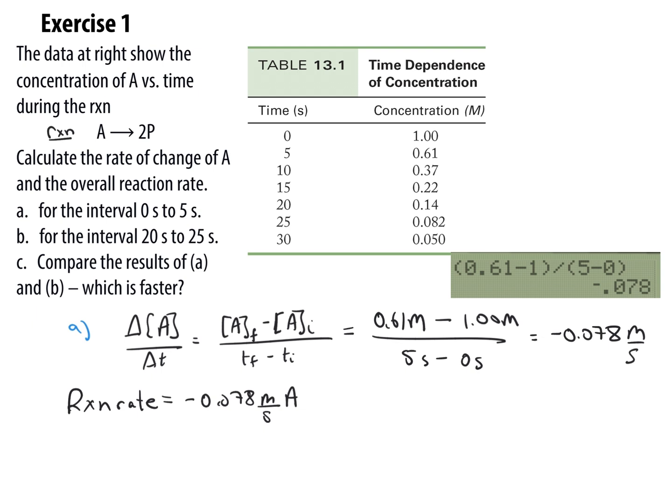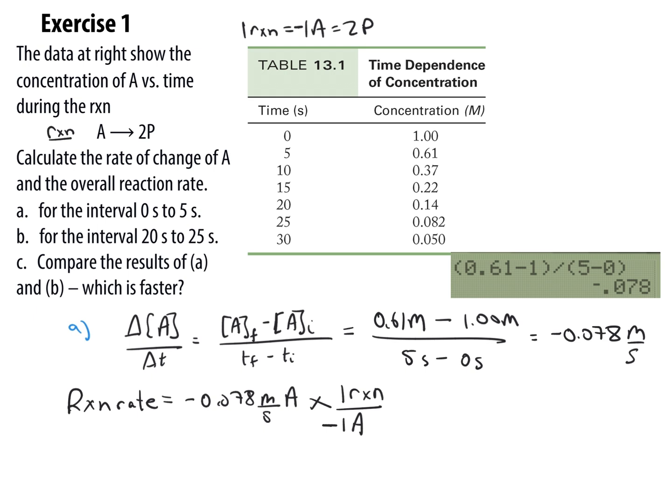If we think about saying that 1 mole of reaction is equal to 1 A is equal to 2 P, we can convert from the rate of change of A to the reaction rate by multiplying by 1 reaction over 1 A, where the only difference is that because we have that negative sign out here, we do need a negative coefficient here as well.